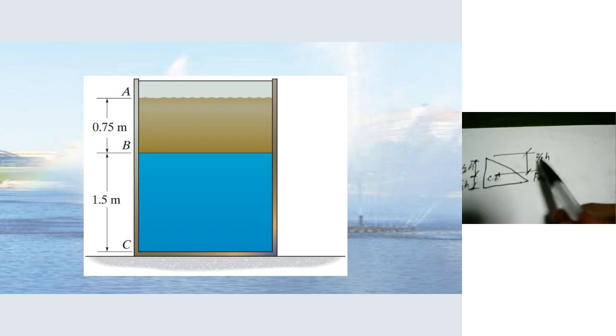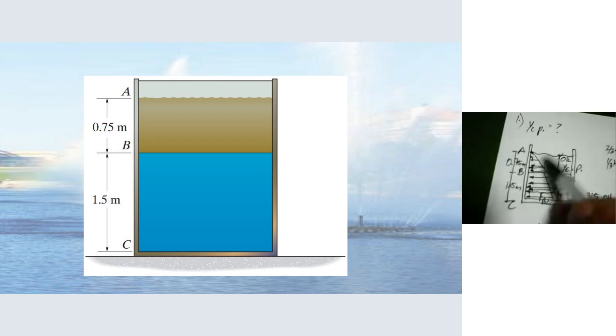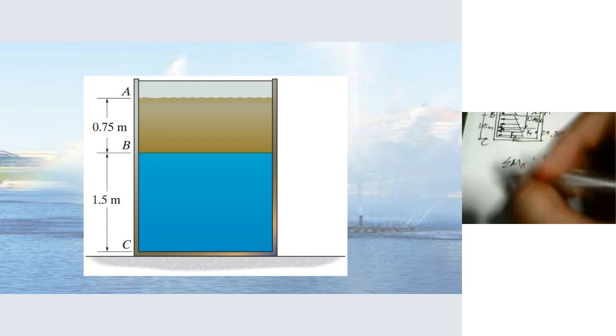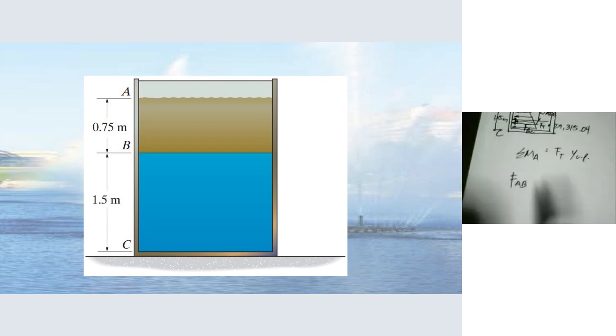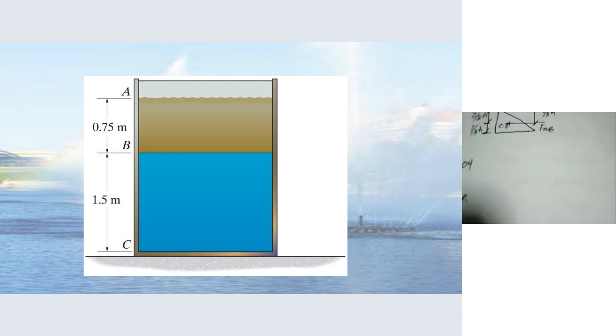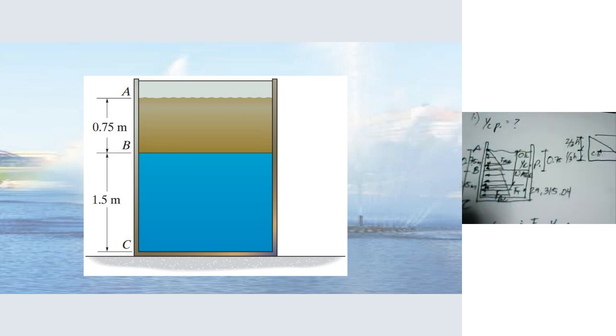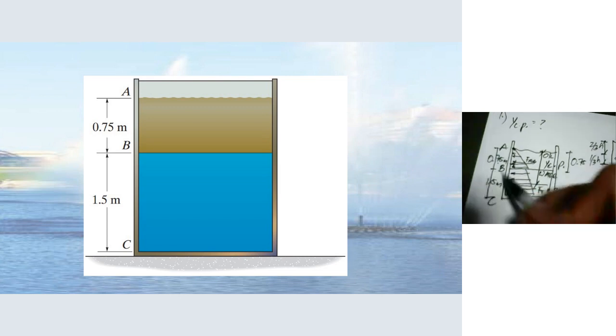So, if we will get the moment about point A, moment of F sub AB will be equal to F sub AB times 2/3 times H, or 2/3 times 0.75 meter. And then for F sub BC, so it will be 0.75 plus half of 1.5, so that's 0.75 again.